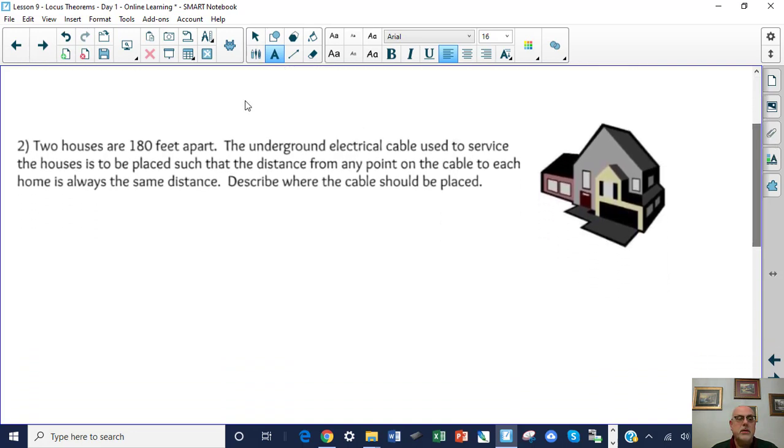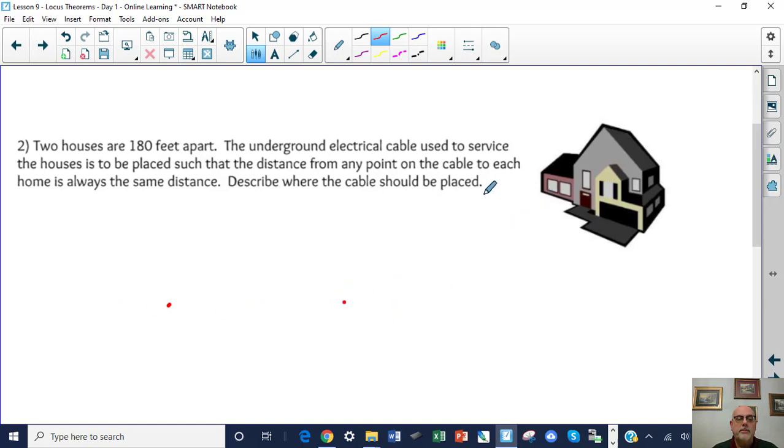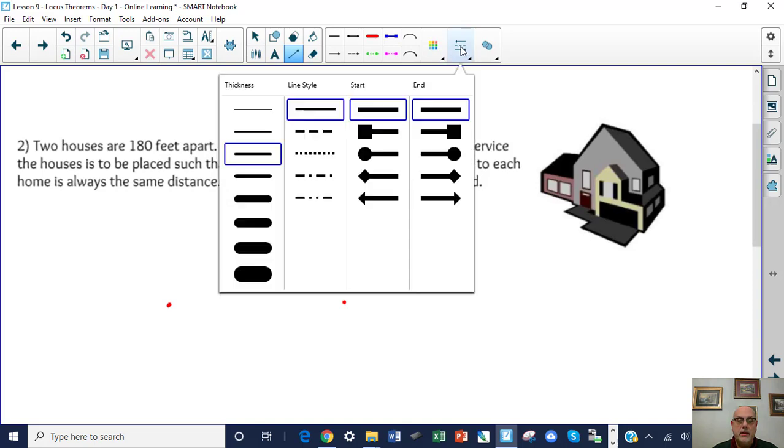Example 2. Two houses are 180 feet apart. There's one house. There's the other house. 180 feet apart. The underground electrical cable used to service the houses has to be placed so that the distance from any point on the cable to each house is always the same.